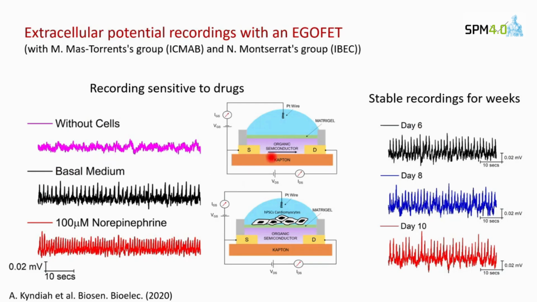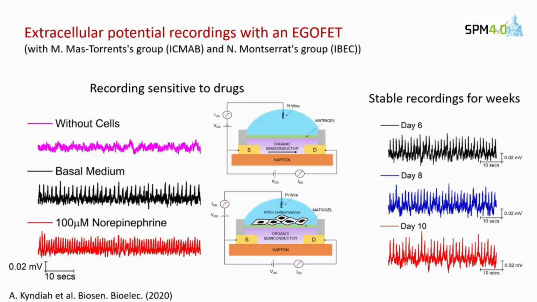This is the current that flows here. When you put the cells in basal medium, which is the physiological medium for these cardiomyocytes, you start seeing the beating of the cell in the current flowing through the transistor. So it means that it is possible to record the electrical activity of the cell by using this transistor.